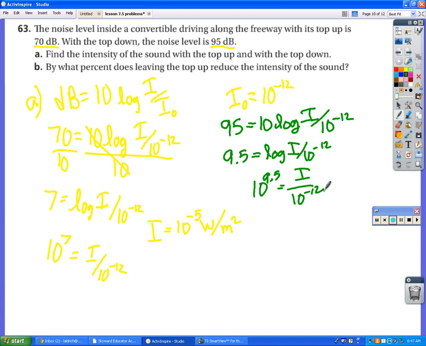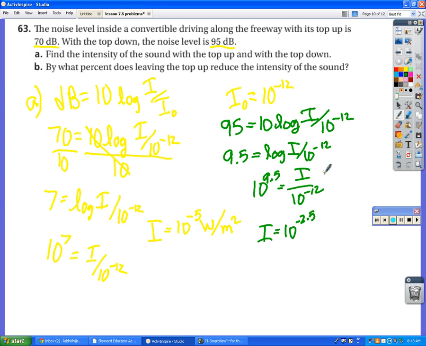And then to solve this for I, I'm going to multiply, which is going to force me to add the exponents, and so I get 10 to the negative 2.5. Say that again. You could take this and bring it up here since it's a negative exponent, but then it would be I times 10 to the 12th.